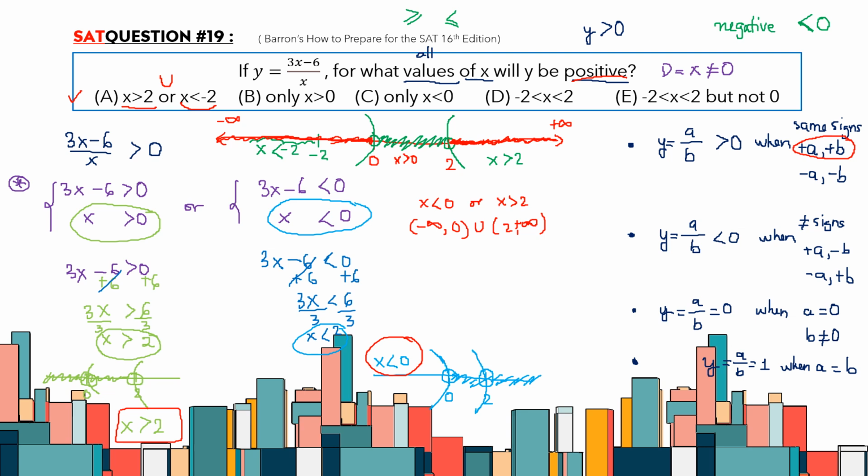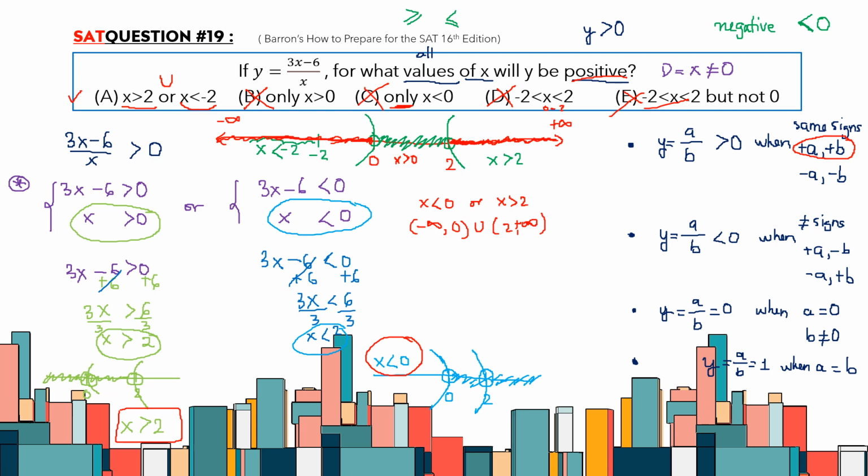From 0 to 2 is not included in our set, so B is not the right answer. Only x less than 0, no. The word only makes it wrong, since x can be greater than 2, so C is not the right answer. In between negative 2 and 2, you have the part from 0 to 2 that is not included, so that's not the right answer either. Same thing here. So the most right answer is A.